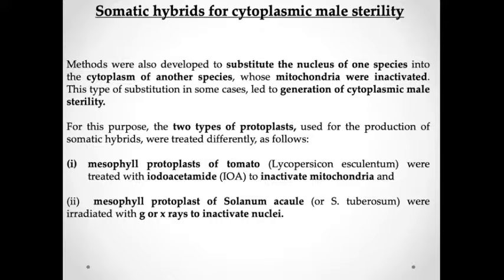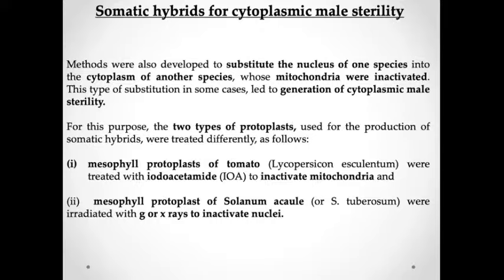So you have male sterility in the cytoplasm generations that you produce, and for this purpose two types of protoplasts are used, that is mesophyll protoplasts of tomato and mesophyll protoplasts of Solanum acaule. One is treated with iodoacetate to inactivate the mitochondria, and in the second case they are irradiated with gamma or X-rays to inactivate the nuclei.